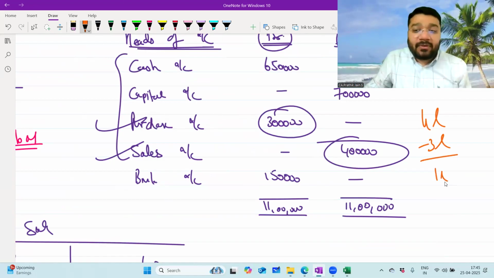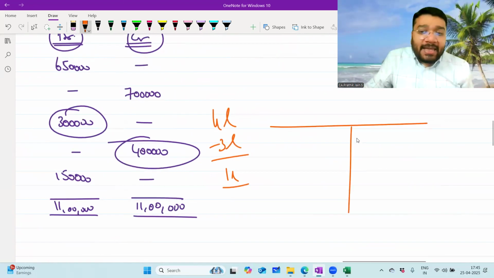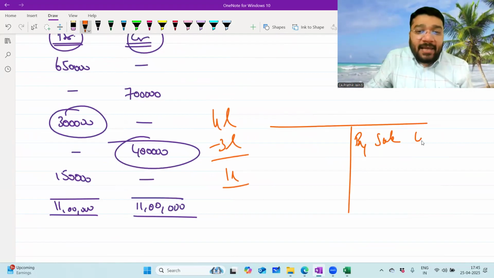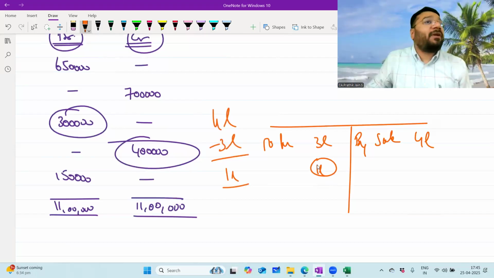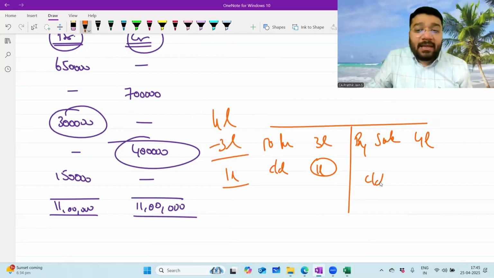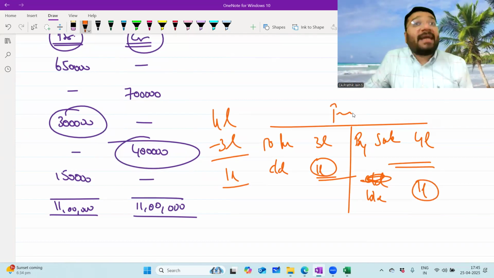What is my profit? 1 lakh. If I prepare the trading account, sale 4 lakh, purchase 3 lakh. What is the balance? 1 lakh profit. Balance carried down, sorry, brought down, 1 lakh. Now this trading account is like a ledger.